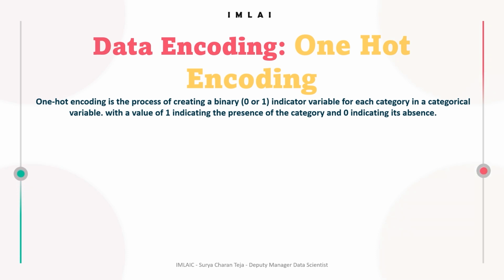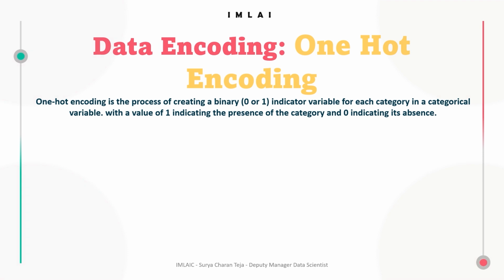Let me make it much simpler. The term one-hot encoding comes from the fact that only one column in the resulting encoded data has a value of 1, indicating presence, for each row, and all other columns have a value of 0, indicating absence.